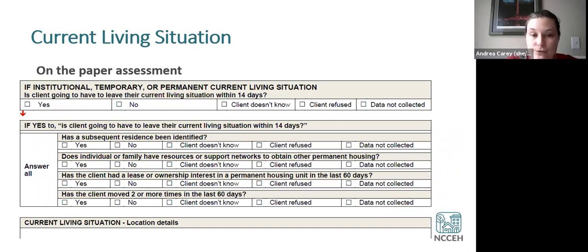And have you moved 2 or more times in the last 60 days? So these all should be recorded if the client meets that first question of leaving within 14 days. There's also this text box down below for current living situation, any location details that you'd like to add. It's an optional text box.